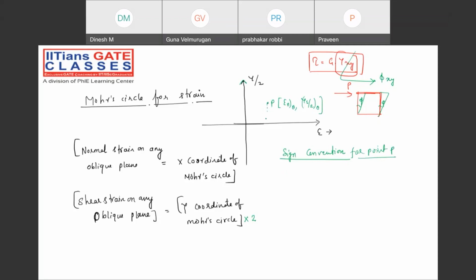It is positive and it is like this. So note down: the normal strain represented at point P will be tensile, and gamma by 2, whatever we have represented, that is clockwise. Note down, that is clockwise. Very important.